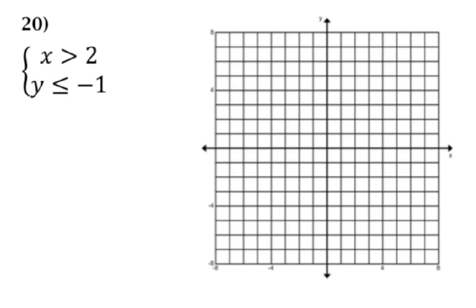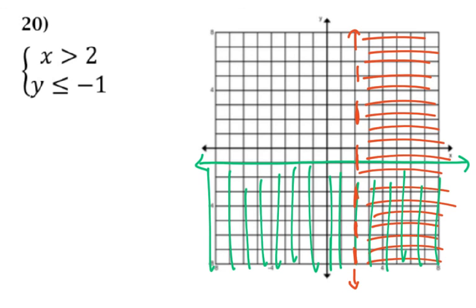Okay, number 20. Notice that I've got two special types of lines. One is vertical, one is horizontal. So pause the video, graph both lines or inequalities, do your shading, and then come back and make sure you got it right. Okay, I've got my x is greater than 2 in red. I've got the y is less than or equal to negative 1 in green.